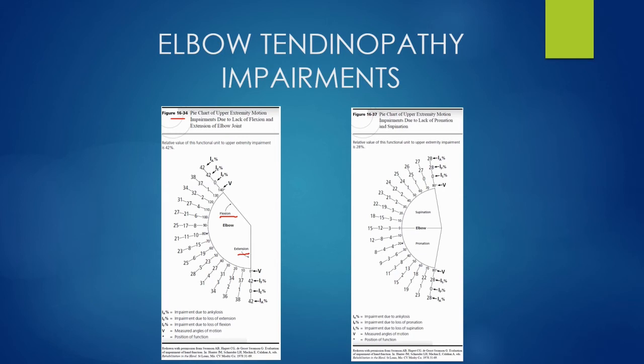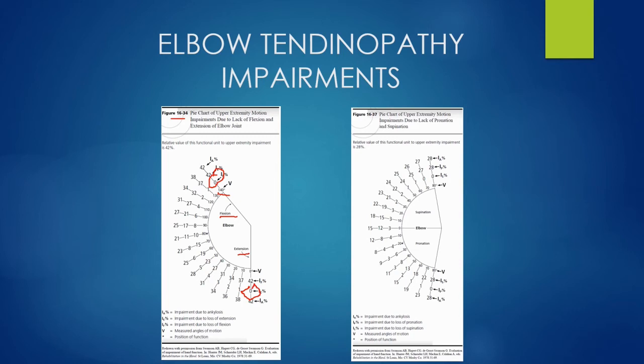And you can see that the AMA Guides consider 140 degrees of elbow flexion to be full and normal elbow flexion. So for that, they provide for 0% impairment rating. And then similarly, the AMA Guides consider 0 degrees of elbow extension to be normal elbow extension. And for that, they provide a rating of 0% whole person impairment.